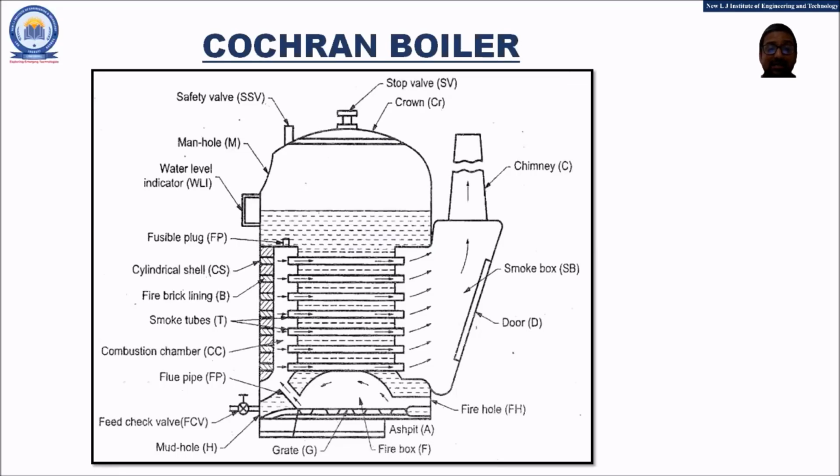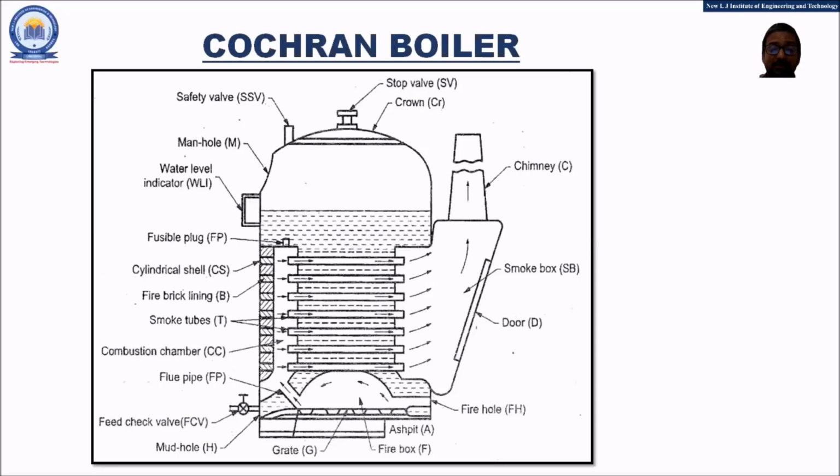So friends, you can see from the image, it is a vertical boiler, a stationary boiler, and a fire tube boiler. The main components we are observing in the image, we have already discussed their functions.